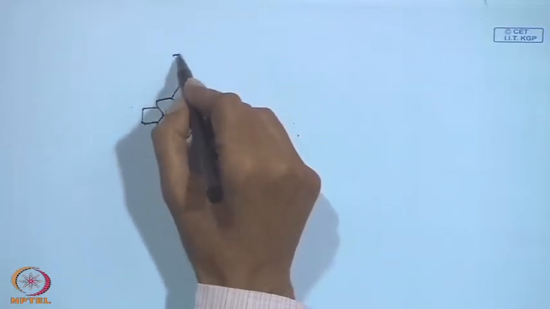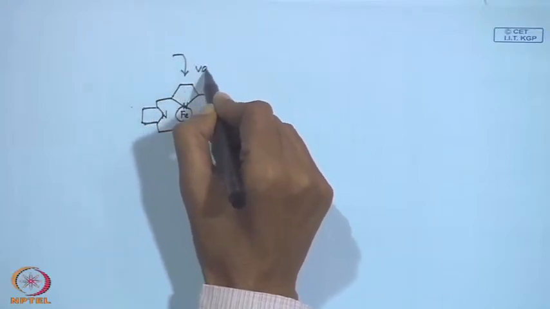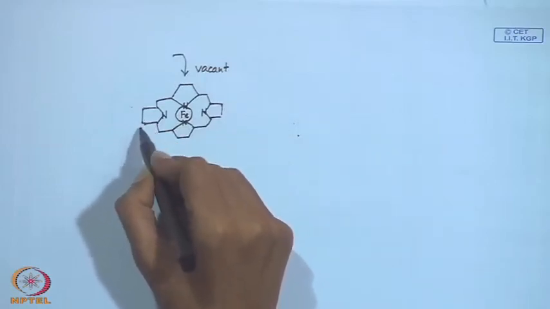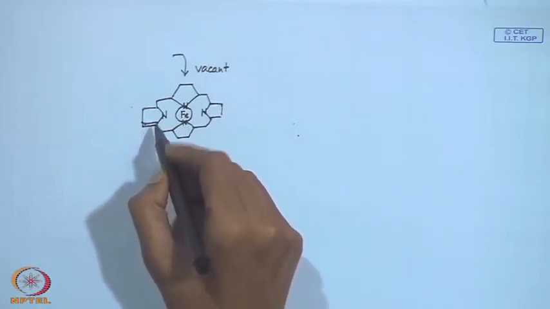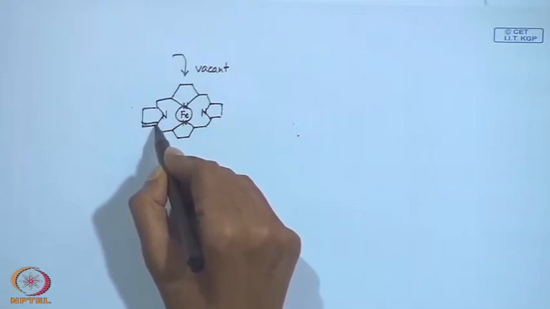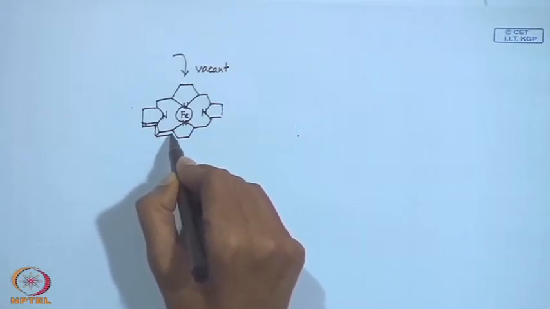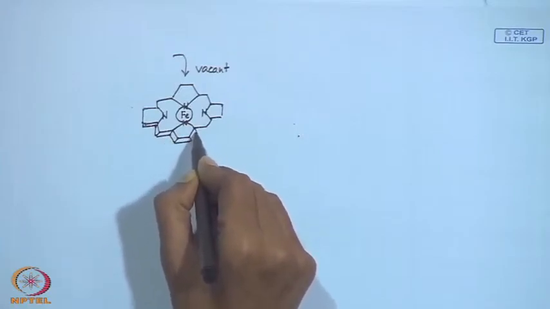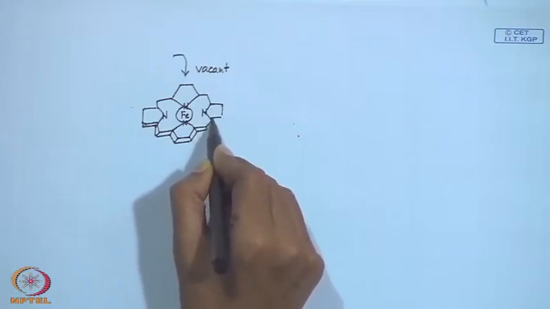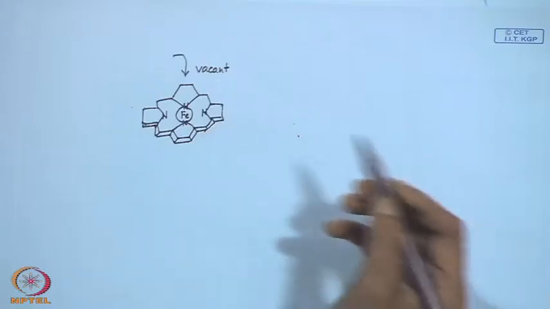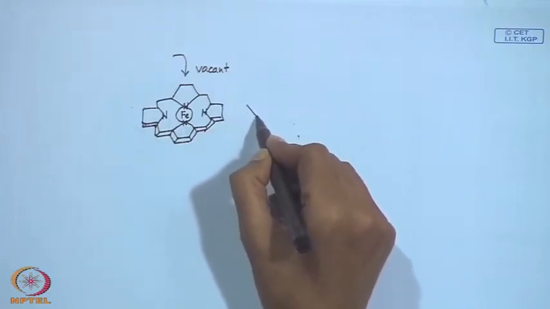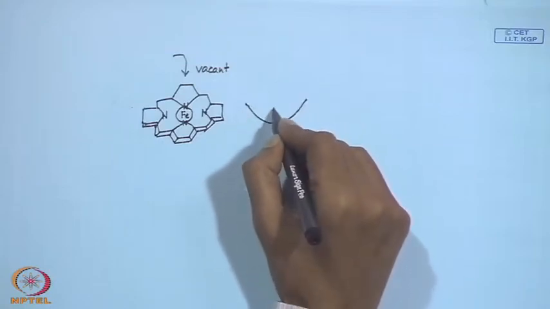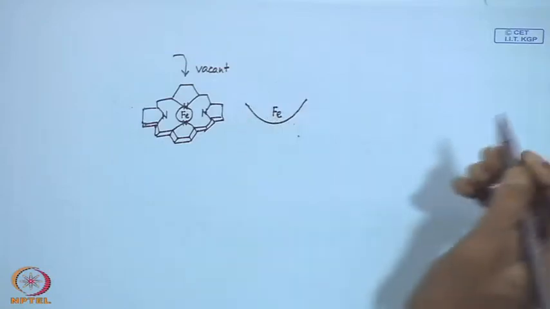So, when this is the vacant site, you get a corresponding bowl-like structure. If you see it from this side, you have a typical bowl-shaped structure, and iron is sitting over there.